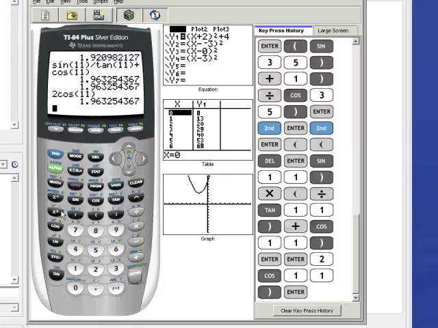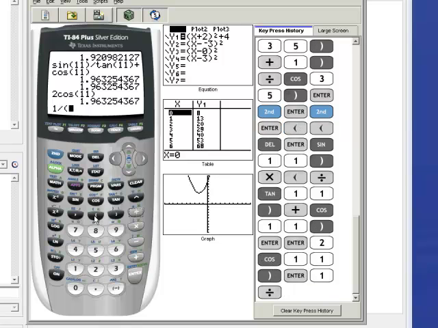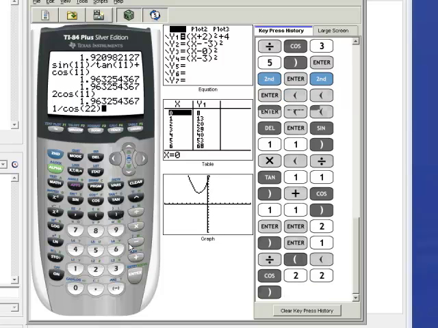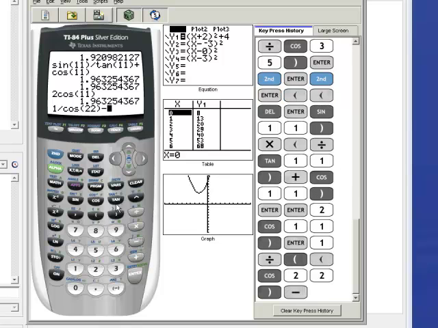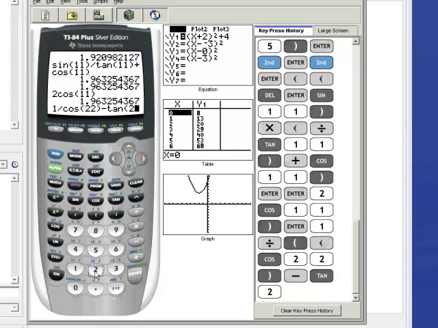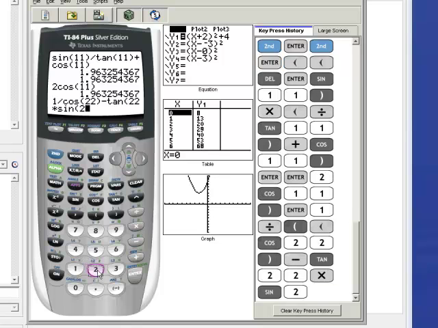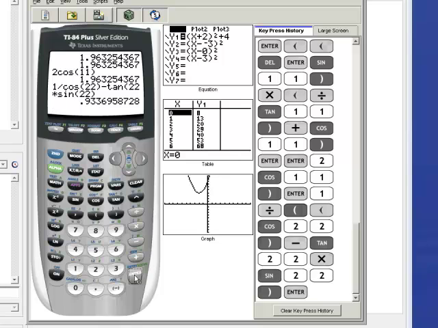So the last one here says 1 divided by cosine, because it's a secant, so 1 divided by cosine 22 degrees, minus tangent of 22 times sine of 22, and we come up with 0.93.